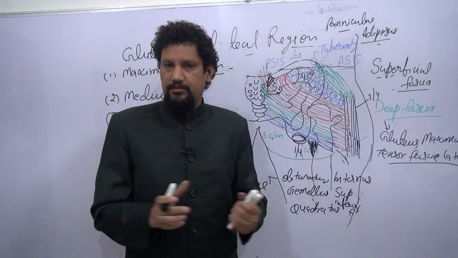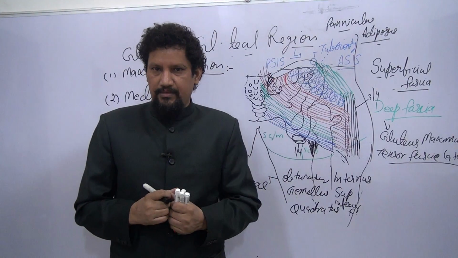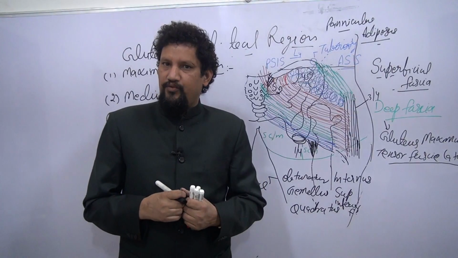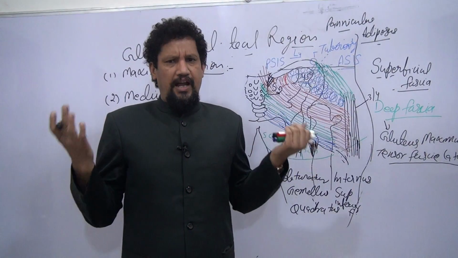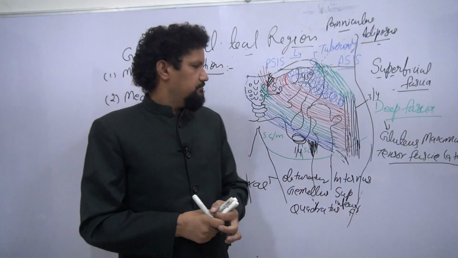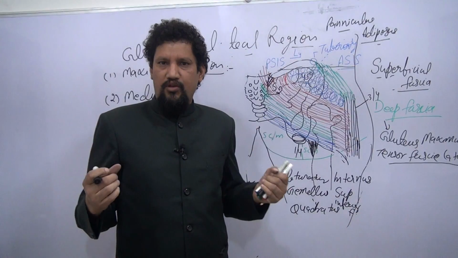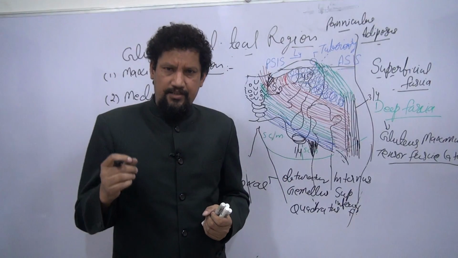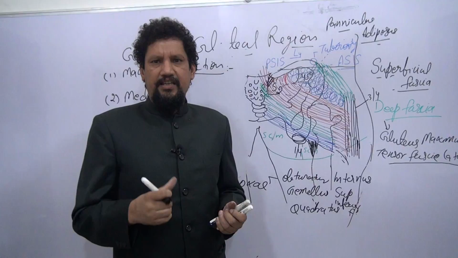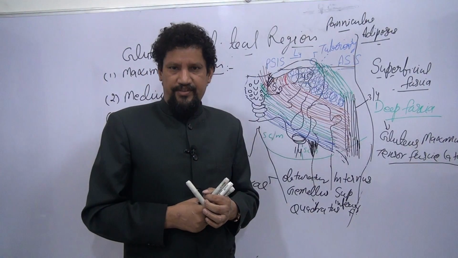But remember, there is almost no role of gluteus maximus in casual or quiet walking. You can put your hands on your gluteal region and see the demonstration of the action of the muscle. In casual walking, it has a very limited role during the striking of the heel on the ground, at the end of the stance phase.